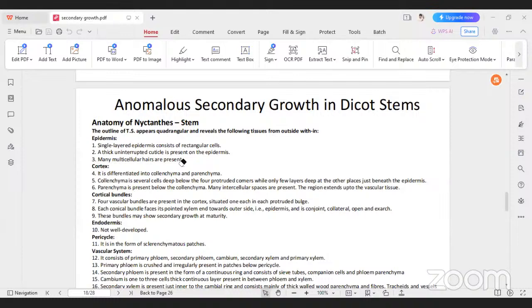And where the medullary vascular bundle is present, I will explain one by one later. But medullary vascular bundles, you have already taken section cutting. Best example: Boerhavia. Then cortical bundles, so bundles present in the cortex, example Casuarina.